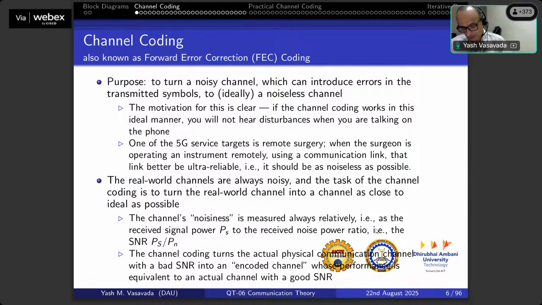But the noisy channel coding, or forward error correction coding, converts this channel into an encoded channel for which the effective SNR actually becomes better, maybe even good. Okay, so that is the goal, or that is the statement of this particular design topic.